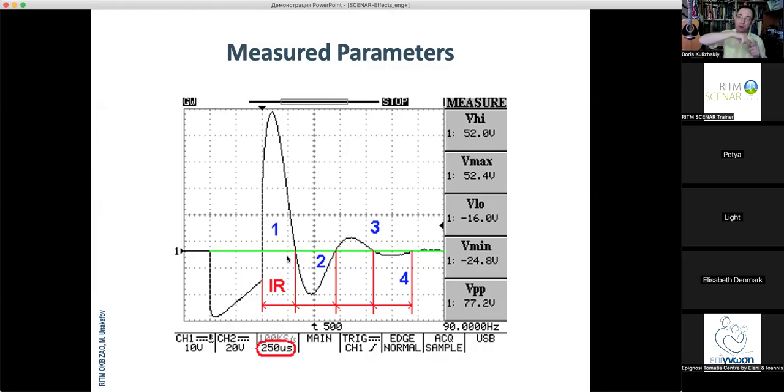For frequency, we need a full cycle, so we multiply by two. 10 microseconds means a 20 microsecond cycle. It means the scanner device is working at 50 kilohertz.